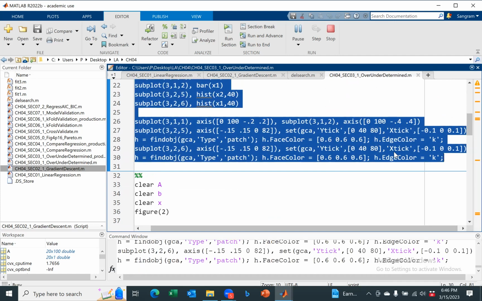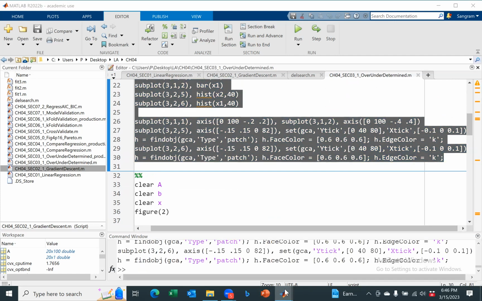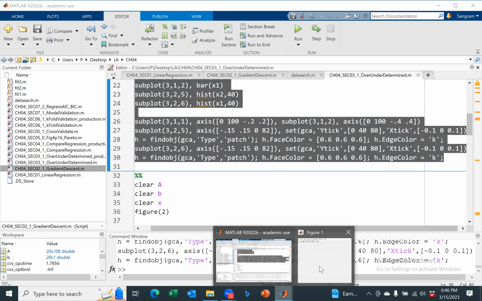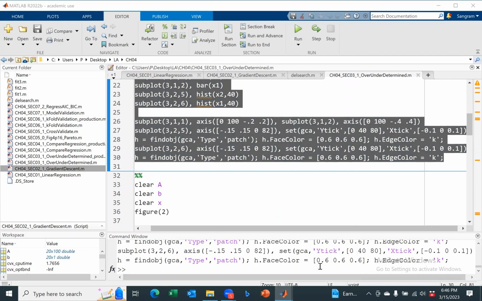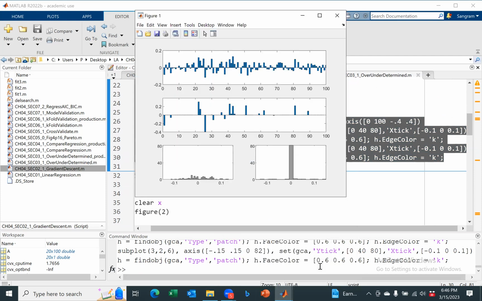And you will notice that I generate this figure. This tells me the first solution, which is an L2 solution, and the second solution, which is an L1 solution. Those are the weights. And then finally, you can actually look at the distribution.